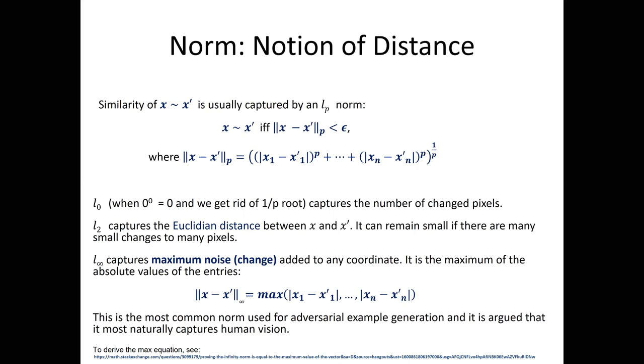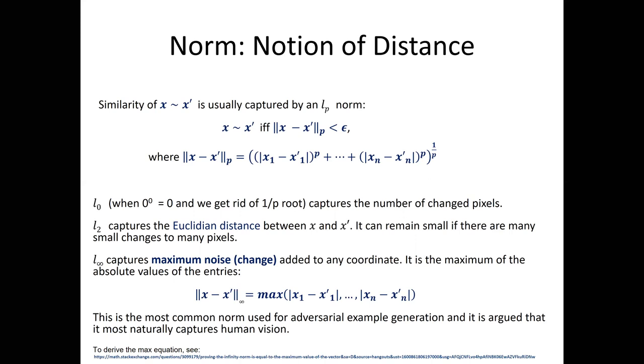But essentially, if you want to compute the LP distance between two points x and x prime, two vectors, then you take the component-wise difference, you take the absolute value, so you compute the magnitude of the difference, you raise that to the p degree, and you do that for each component, right? This is what this equation says. You sum them up, and you take the p root of the sum.